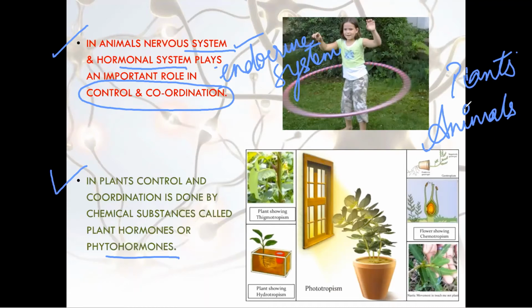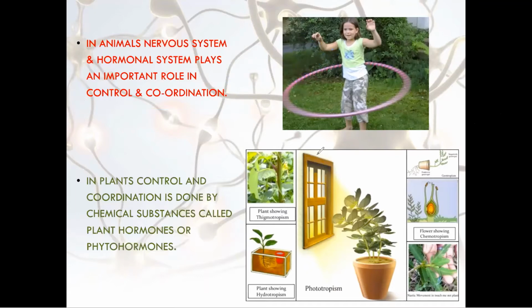In the first image, you can see a girl trying to balance again. Here the word balance comes, with a hula hoop. In the second image, the plant shows movement. Here, the plant moves towards the light.